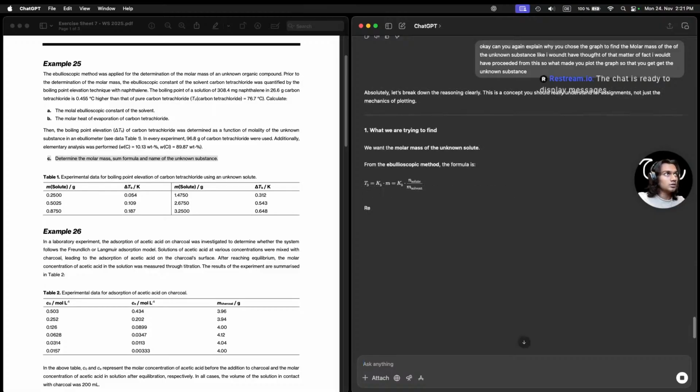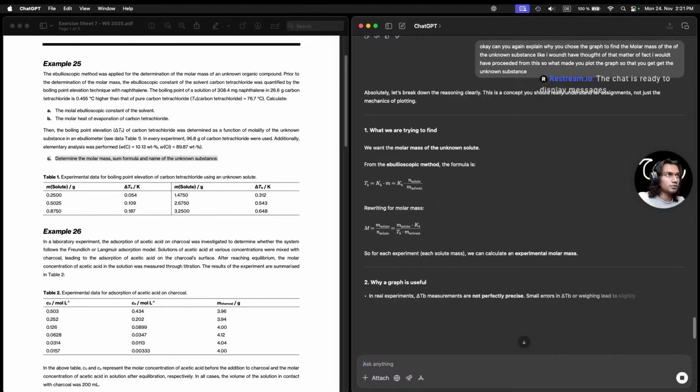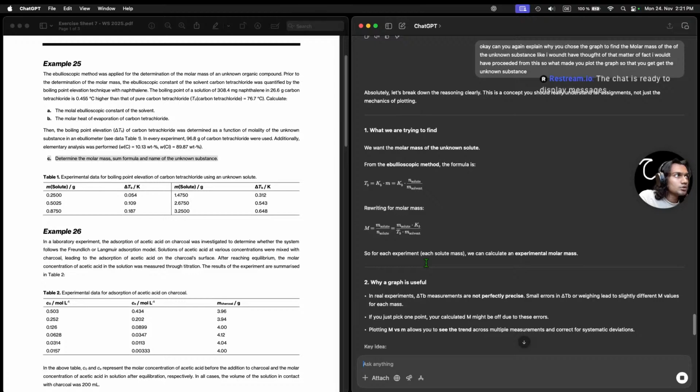We want the molar mass of the unknown solute. From the ebullioscopic method, the formula, yeah, I understand that. So for each experiment, each solute, now we're talking solute.